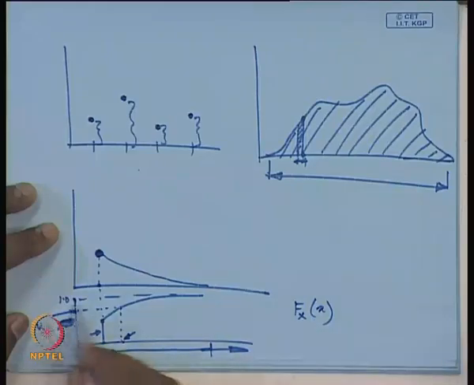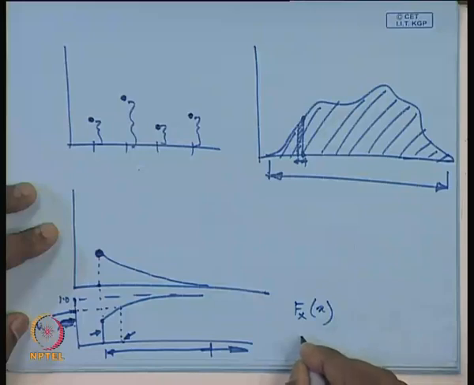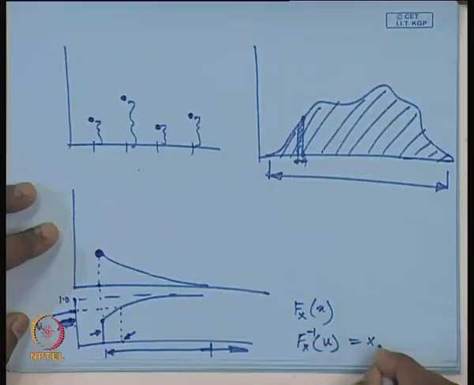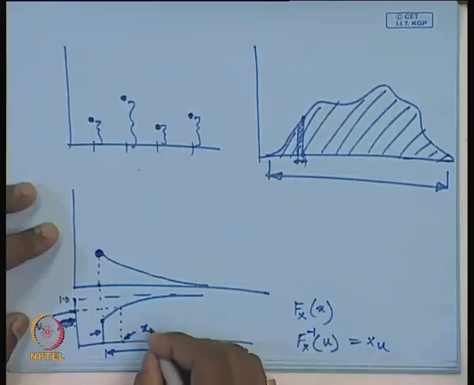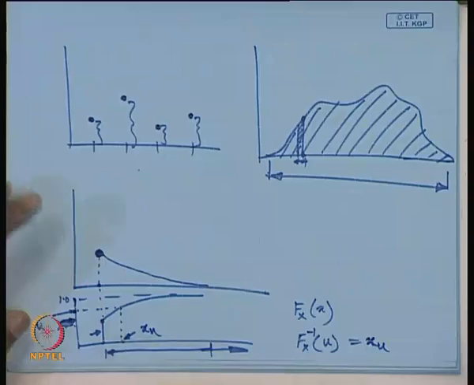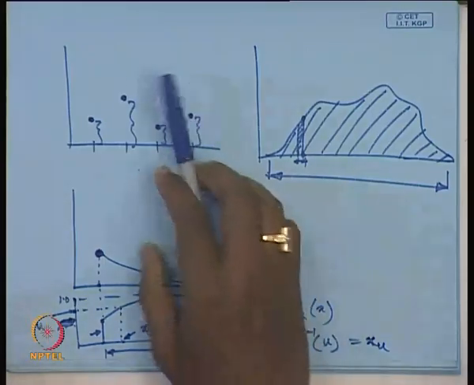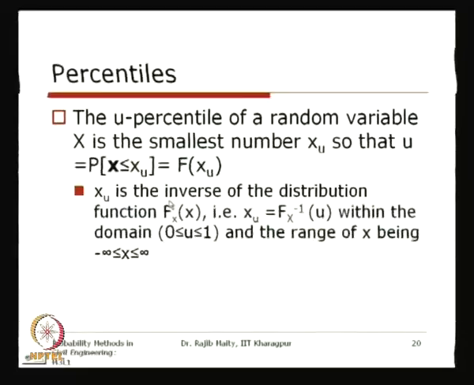Now when we are coming from this side, F_X inverse of u will give you some value, that is x_u, which is your x_u here. So this is the inverse function used to get that percentile.